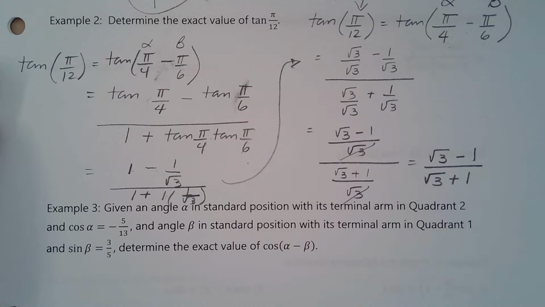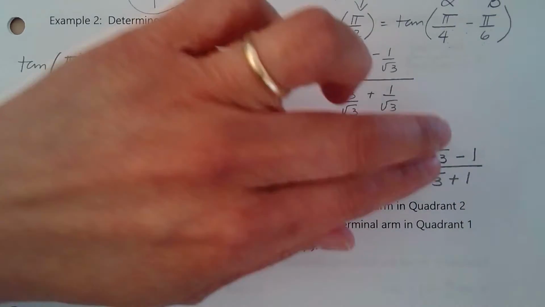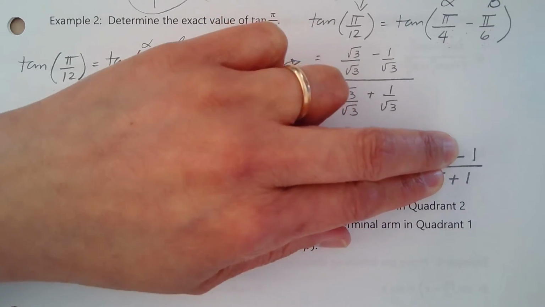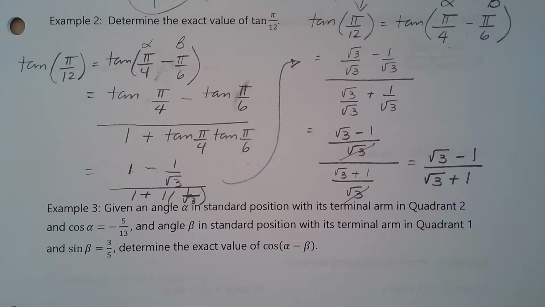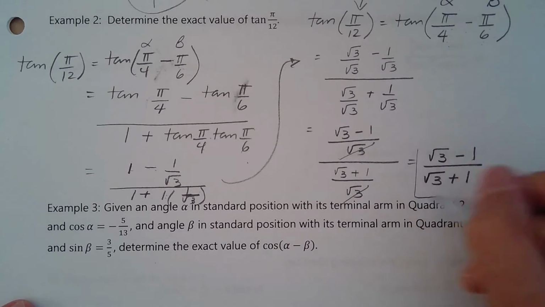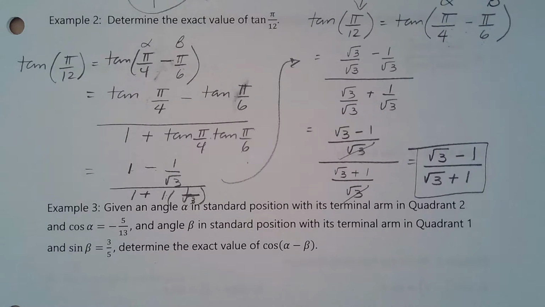And what's that? No, we can't cancel these things, right? This is not factors. So that's just how it is. They're different. They're not factors, so we can't say, hey, these two are the same thing. We can't cancel those two. Okay? So that's our answer. And that is the exact value.